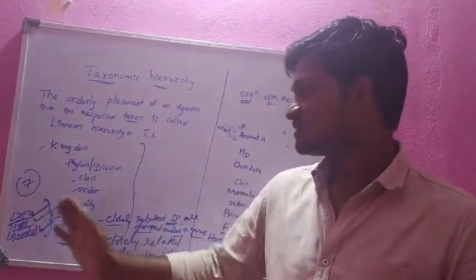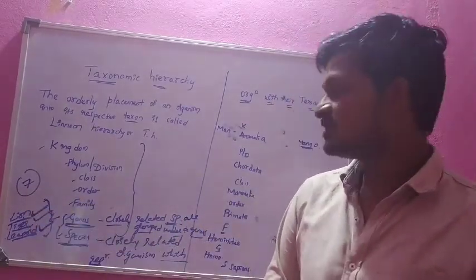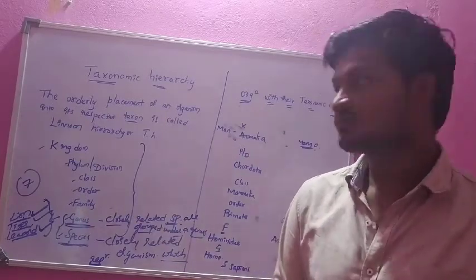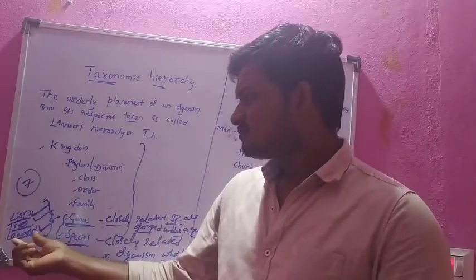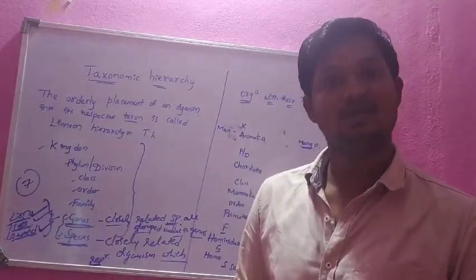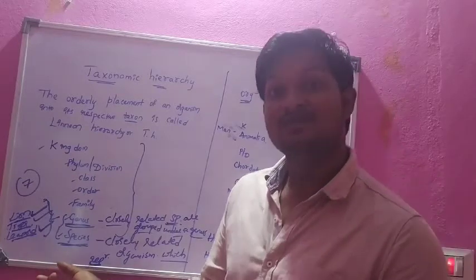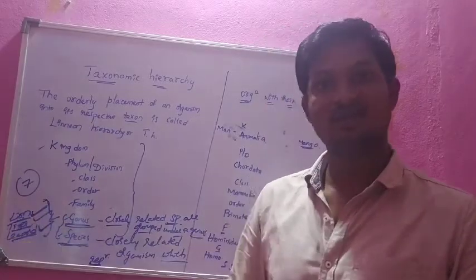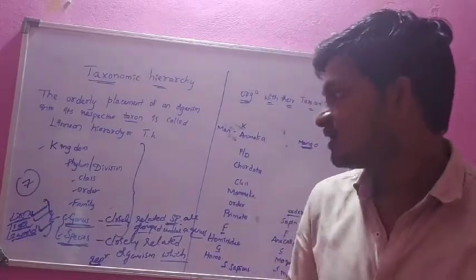If you see the genus, it is the same, but the species will be different. For example, here lion is not included in the list of cat. Why? Lion is also an animal. Why is it not included? Because the genus is different. For these particular three organisms, only the genus is the same.